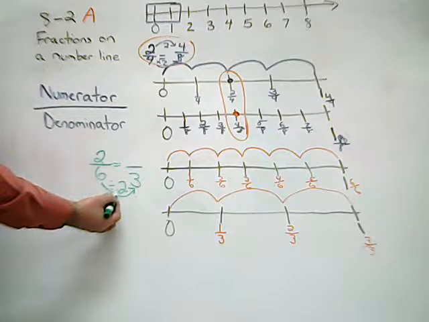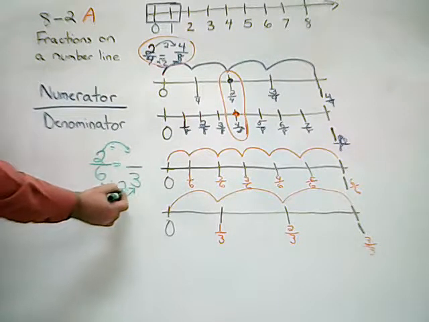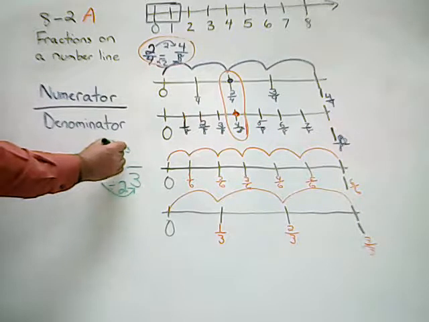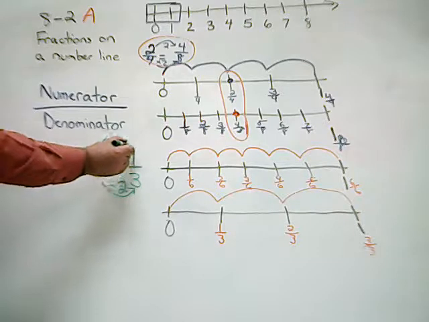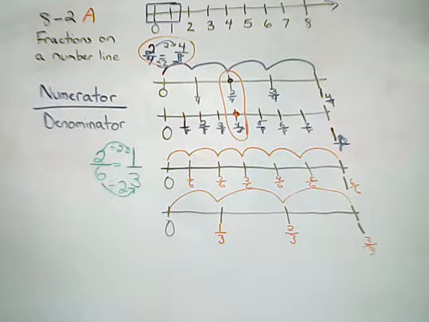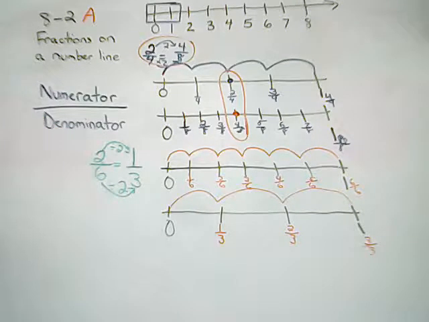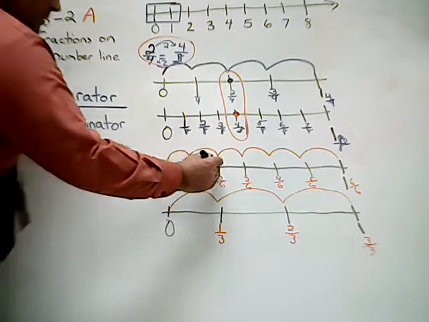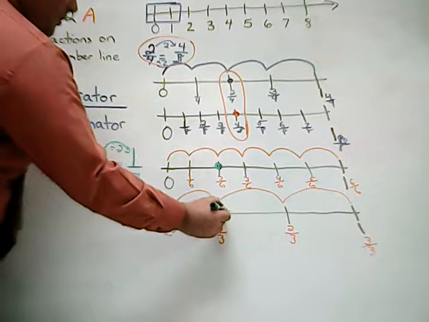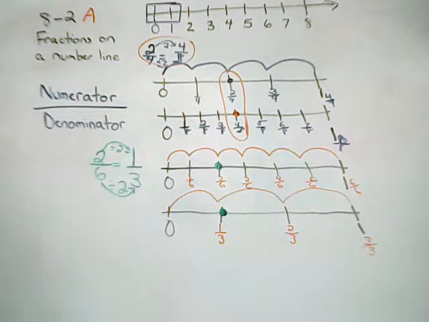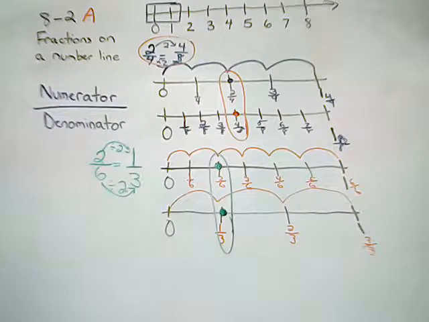What you do to the bottom, you need to also do the exact same thing to the top. So I did divided by 2 on the bottom. I'm going to do divided by 2 on the top. 2 divided by 2 is 1. So an equivalent fraction for 2/6 is 1/3. So on my number line, here's 2/6. An equivalent fraction right below it would be 1/3. Notice again how they match up one on top of the other.